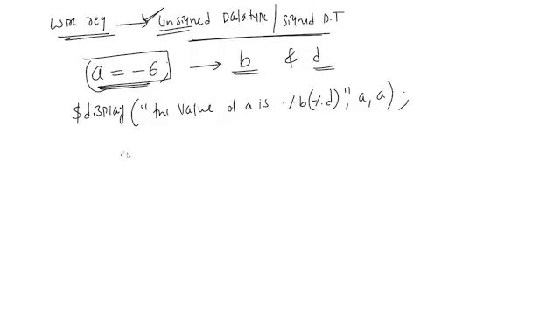0110. 0110 means this is a positive number, no? We are dealing with a signed number. 0110 means it will display in terms of +6. But this is -6, so +6 it will not display.